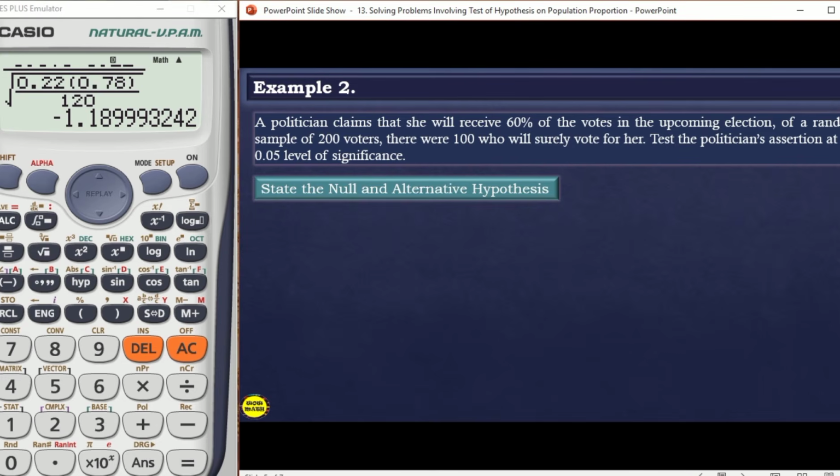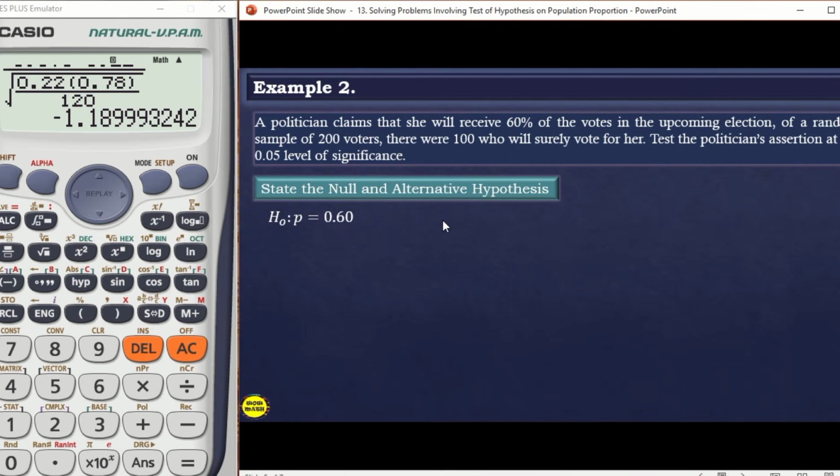So, ano yung null hypothesis natin dito? Since tinetest natin yung claim niya dito, she will receive 60% of the votes in the upcoming election. Null hypothesis, equal dapat, no? Equal to 0.60 yung population proportion natin, or that is 60%.